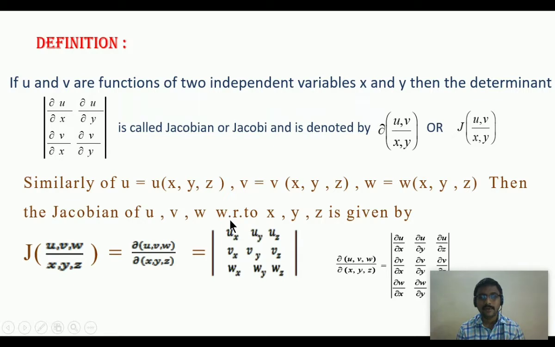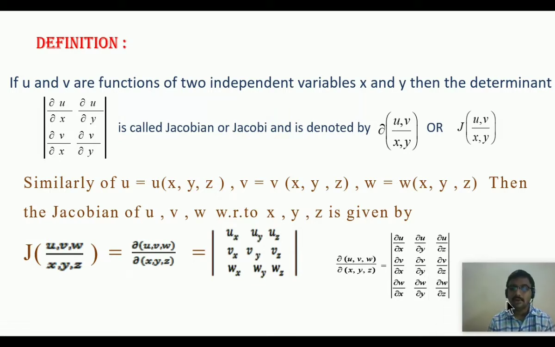Then the Jacobian of u, v, w with respect to x, y, z is given by J(u,v,w/x,y,z) = ∂(u,v,w)/∂(x,y,z), the determinant of u_x, u_y, u_z, v_x, v_y, v_z, w_x, w_y, w_z. These are the partial derivatives of u, v, w with respect to x, y, z. This can also be written as the determinant of ∂u/∂x, ∂u/∂y, ∂u/∂z, ∂v/∂x, ∂v/∂y, ∂v/∂z, ∂w/∂x, ∂w/∂y, and ∂w/∂z. So this is called the Jacobian of u, v, w with respect to x, y, z.